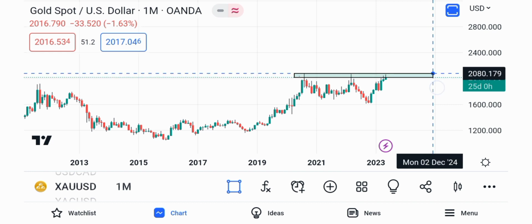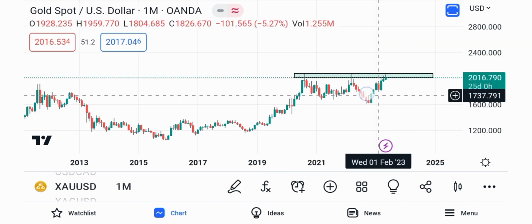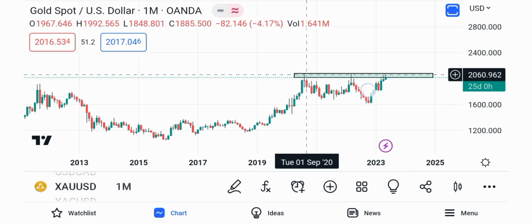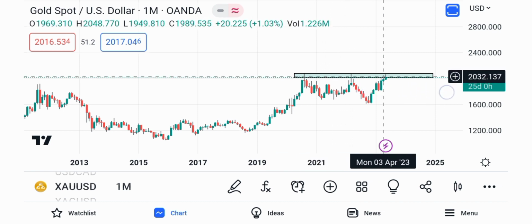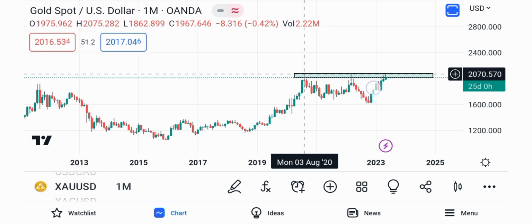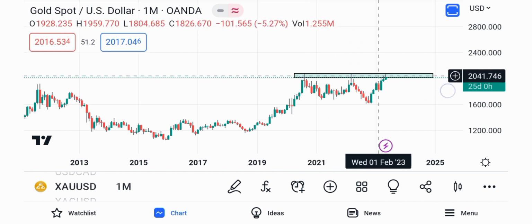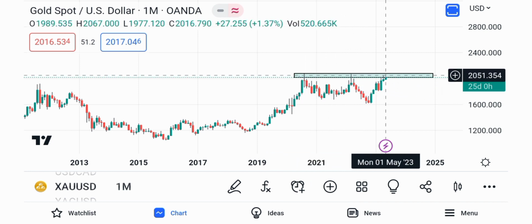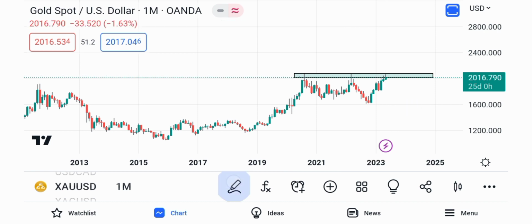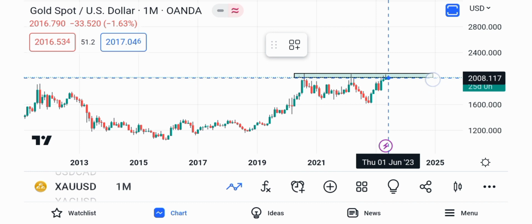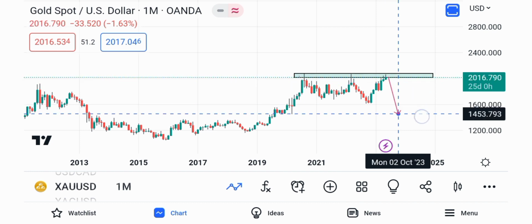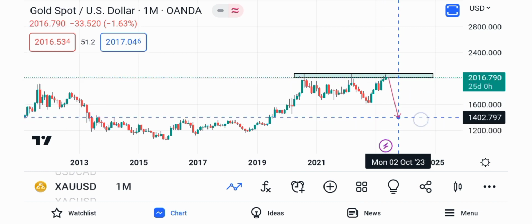And you can see that gold here has been tested once, twice, and we can see the third touch here. We saw the first touch at this point, the second touch at this point, and the third touch at this very point. So we are expecting gold to drop from this point. Gold should drop from this point.